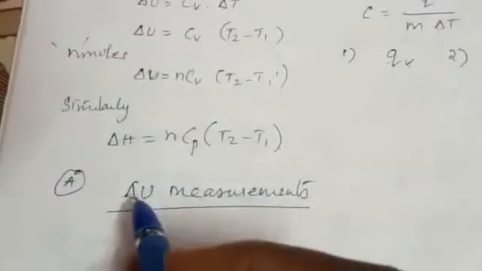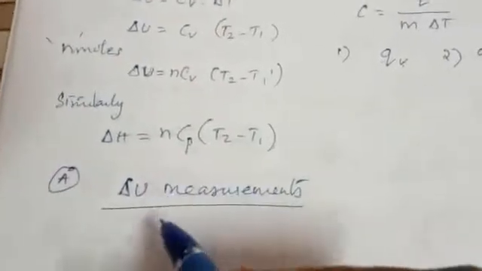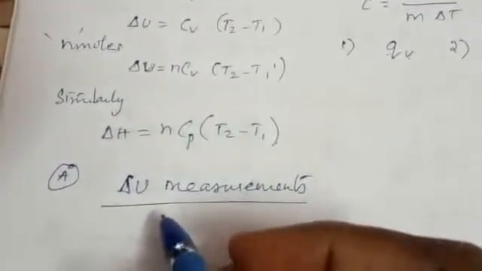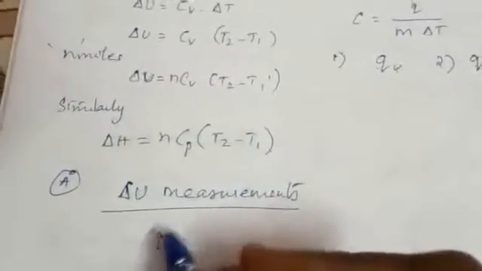First, delta U measurement. Heat of a chemical reaction at constant volume is measured by a bomb calorimeter.